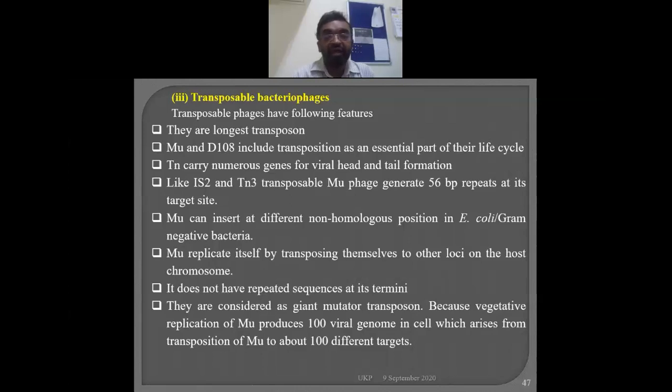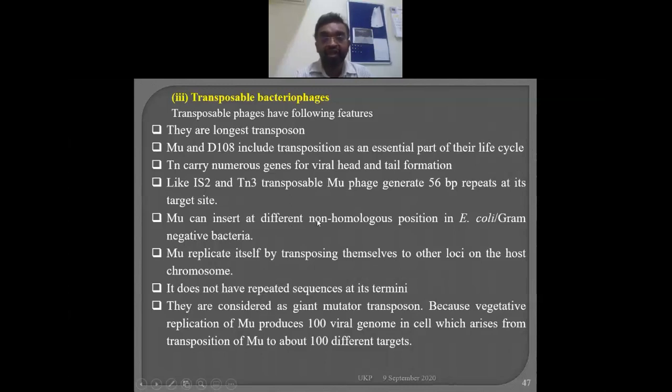They also possess the repeats, because, as already given, inverted repeats are very important in order to get detached, because they indicate where the cut should be made, and then the transfer happens. Here, in the case of Mu bacteriophage, a 56 base pair repeat is present, and Mu can insert at different non-homologous positions in E. coli or gram-negative bacteria.